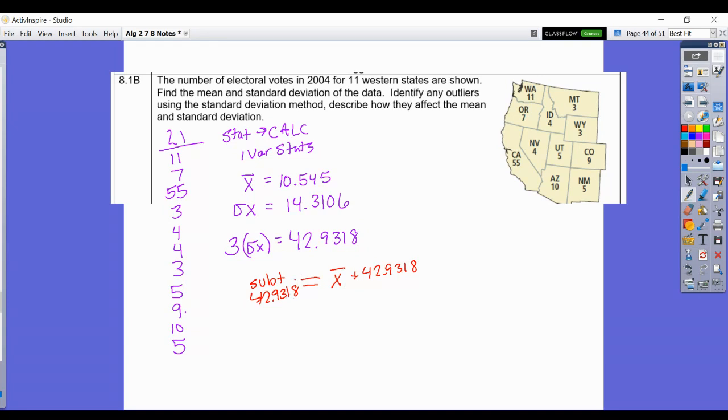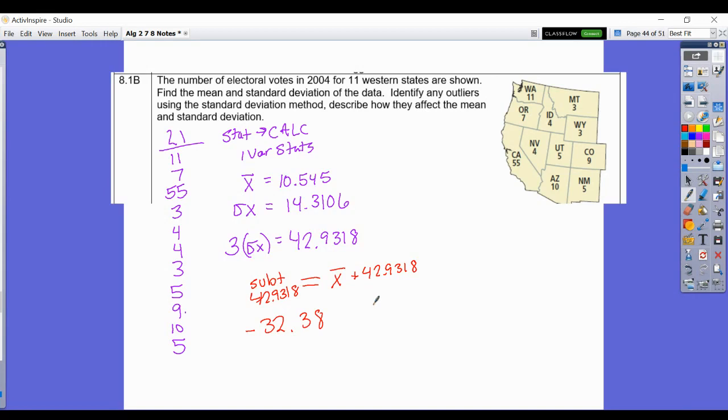So what do we get? Mean was 10.545, minus and with a plus. Okay, so if we subtract it, we get negative 32.38.